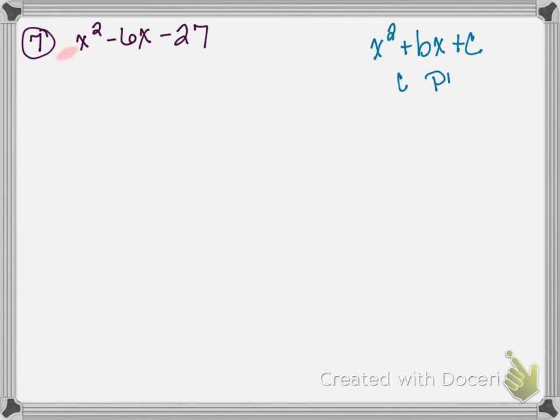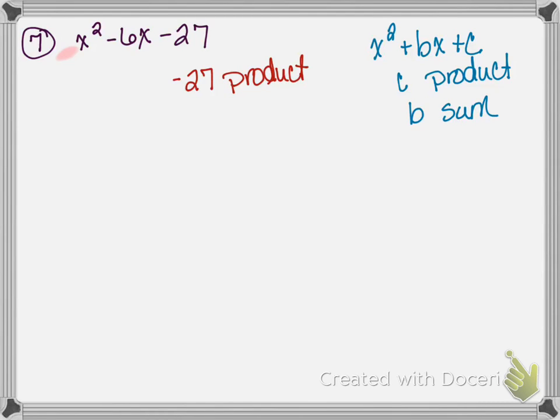C is our product, and B is our sum. Okay? So in this situation right here, negative 27 is my product. So I'm looking for 2 numbers that I multiply together to get negative 27. My sum is negative 6.